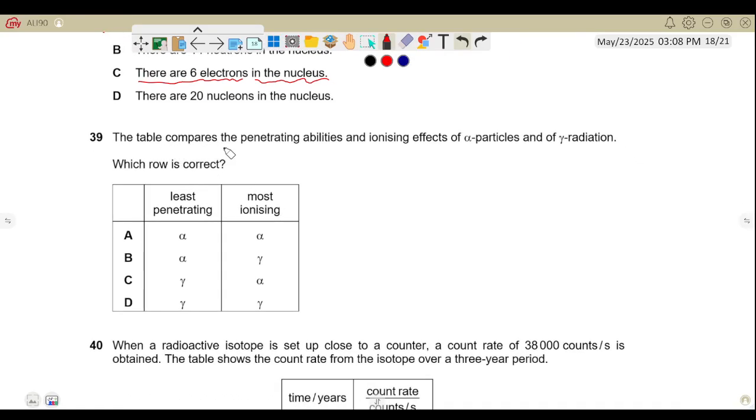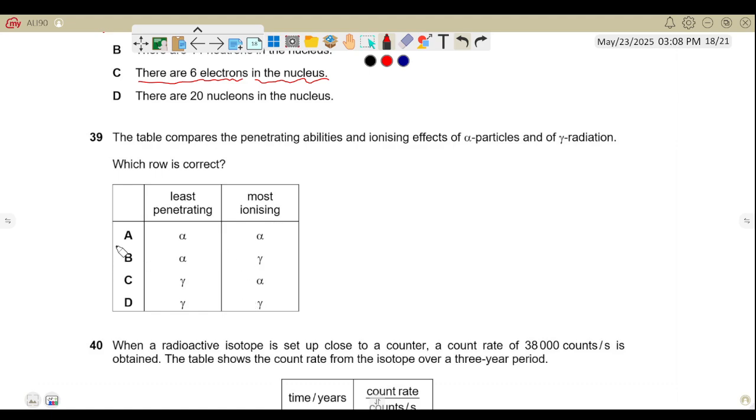The table compares the penetrating ability and ionizing effect of alpha particles and of gamma radiation. Which row is correct? Least penetrating, most ionizing.